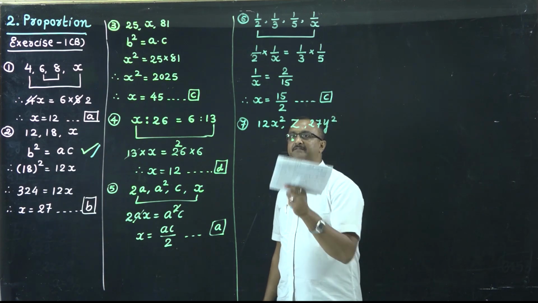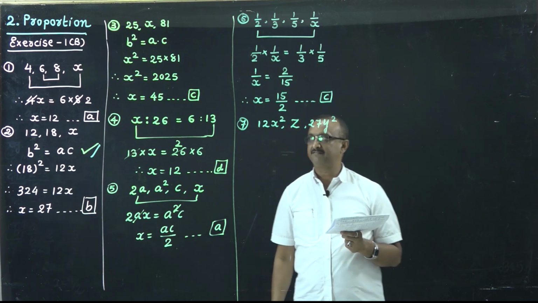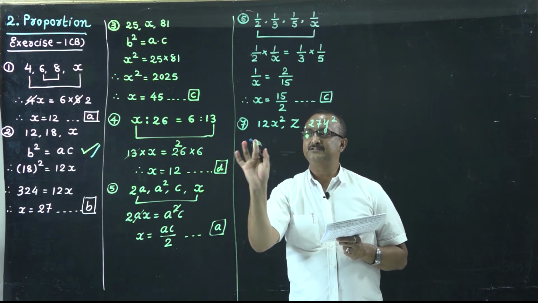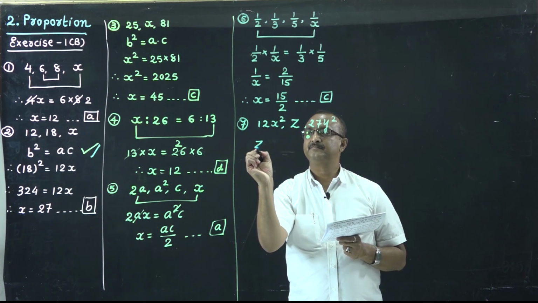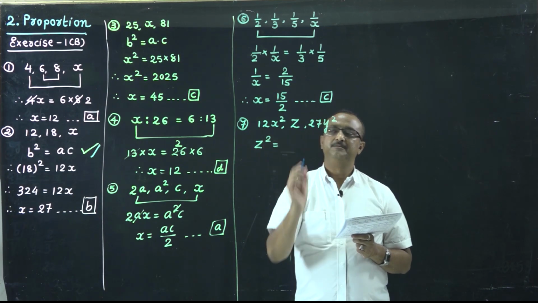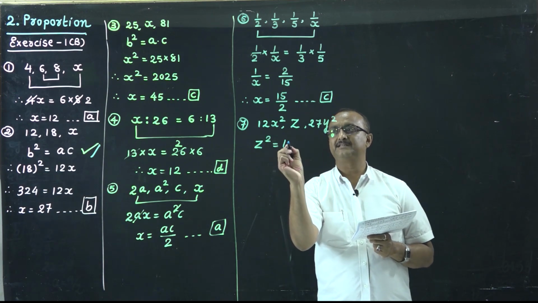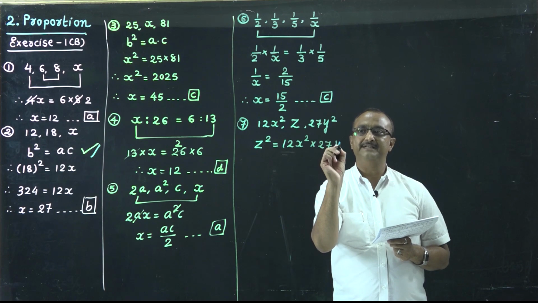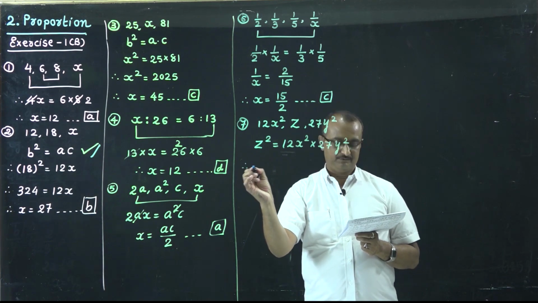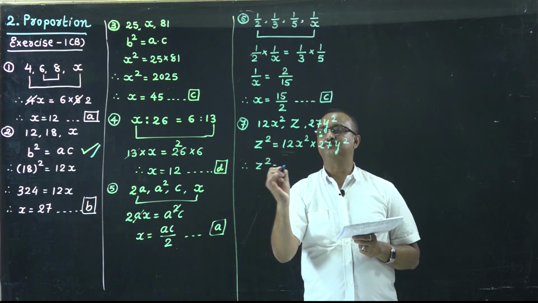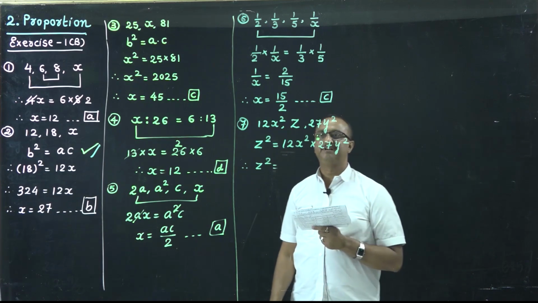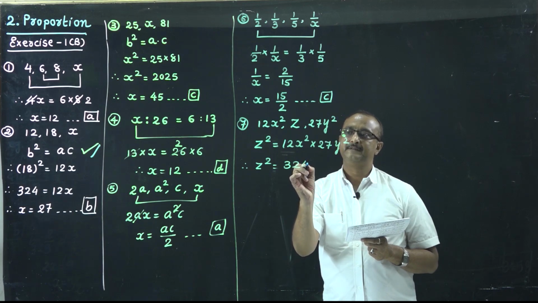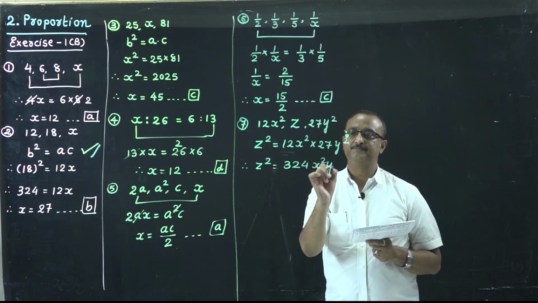What is our formula? z square is equal to the product of extremes, 12x square into 27y square. Therefore, z square is equal to 27 into 12, 270 and 54. It is 324 x square y square.